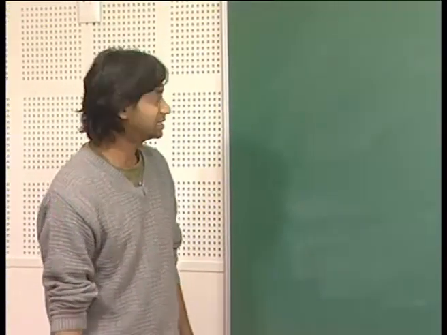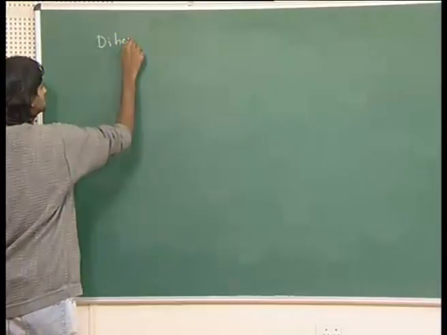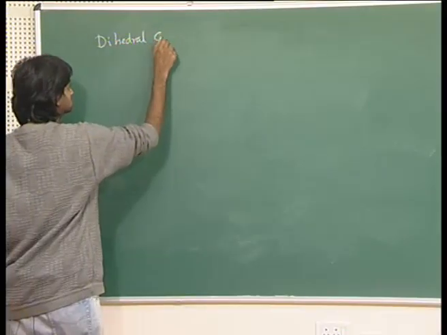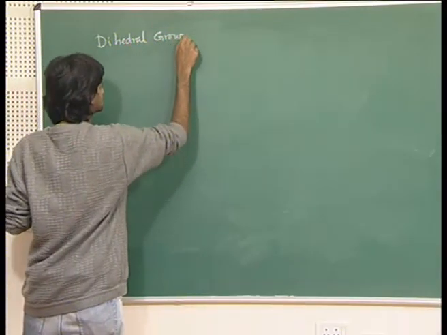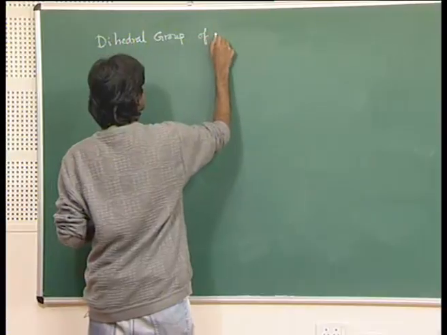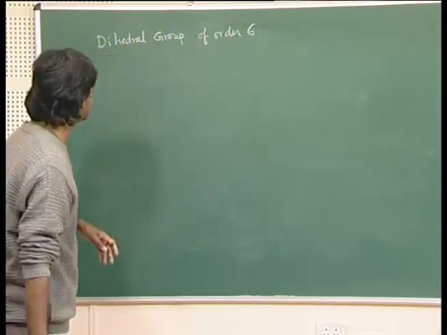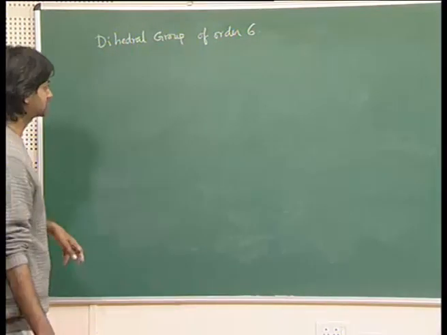Okay. So, the example I will take is the dihedral group of order 6. Okay. So, the dihedral group of order 6. So, what does this correspond to?